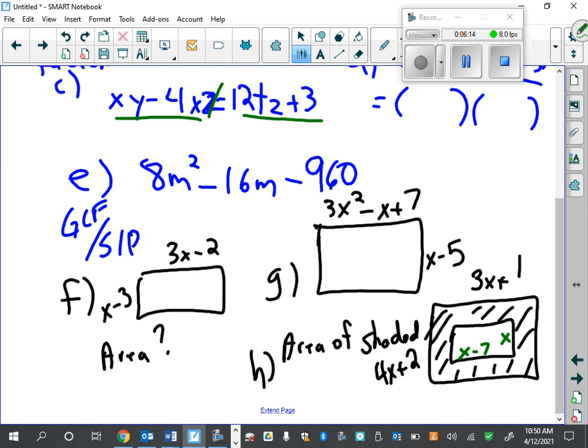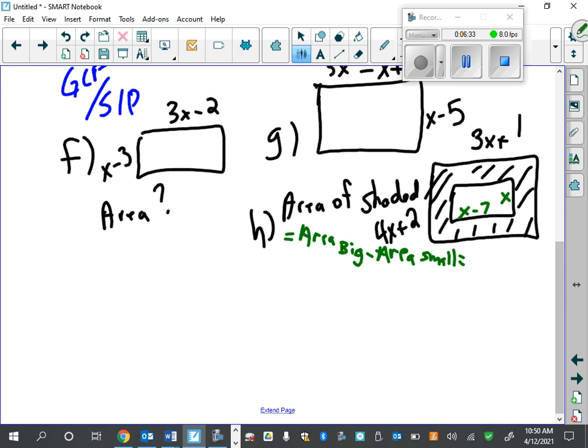And so for the area of the shaded part, you want to do the area of the big rectangle subtract the area of the small rectangle. And make sure when you have something like this, subtract this, you have to distribute the subtraction sign to each term.